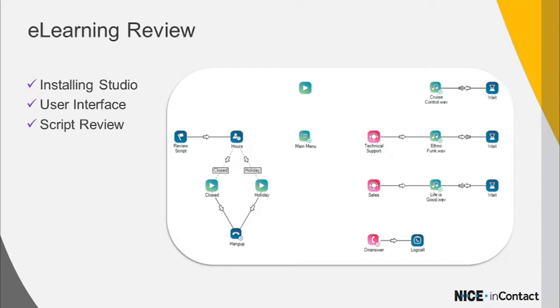These are some of the icons which Studio gives us: main menu, technical support, sales. All these are the CSQs which we have defined in scripting, and similarly Holiday and Hang Up. The objective of this slide is just to make you aware that we are going to see these kinds of icons in Studio.